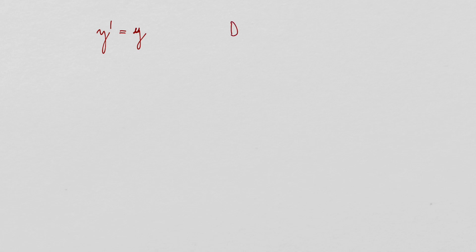The derivative of e to the power x is e to the power x. And even if we add some constant here, the derivative of a constant times e to the power x is the same function. It follows that y is equal to this function.